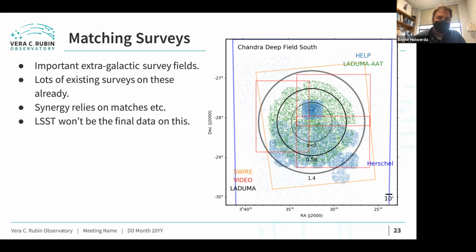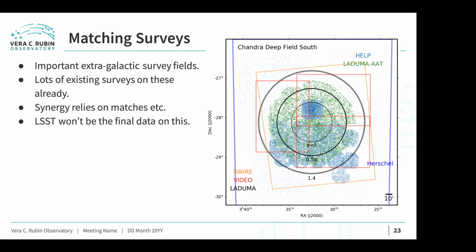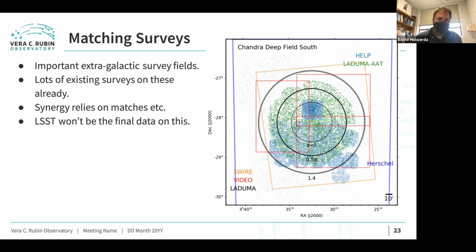Foremost, with Euclid, foremost will start operations, and all these deep drilling fields have been prioritized there. So I think the synergy for the whole fields will be much richer than any particular cadence at the moment for galaxies.